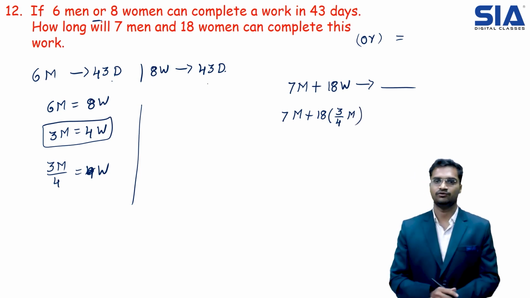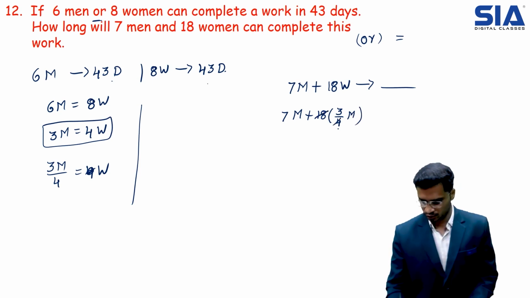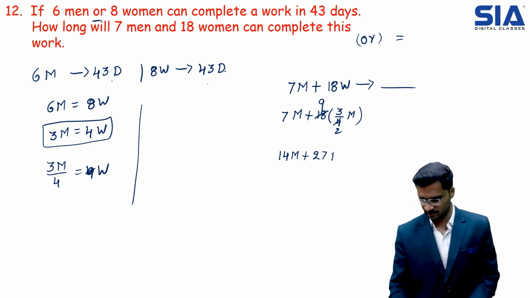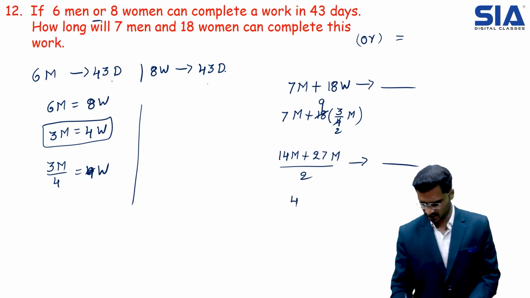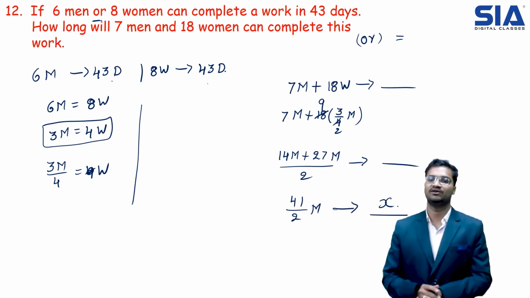So 2 2s are 4, 2 9s are 18. Then 14 men plus 3 9s are 27 men divided by 2. So 14 and 27 gives me 41. So 41 by 2 men will be completing in X days. We have to find the value of X.